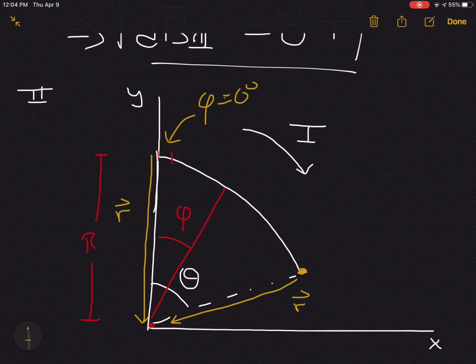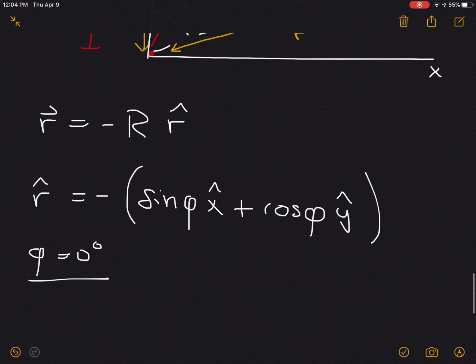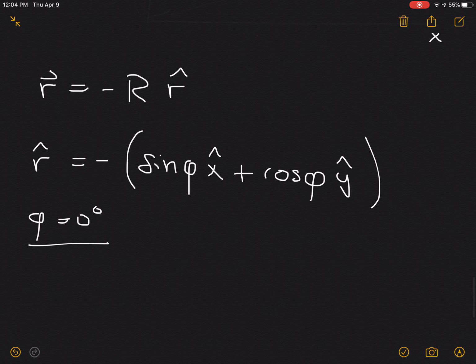And you can prove to yourself that the way that I wrote it is exactly what you want for this unit vector. So it works for phi equals 0, and it is also a unit vector because when you dot it with itself, it gives 1. So it's got all the properties that we want it to have. So that is our r unit vector.